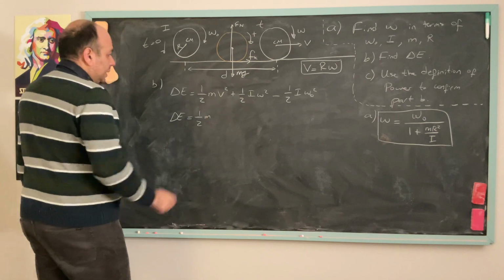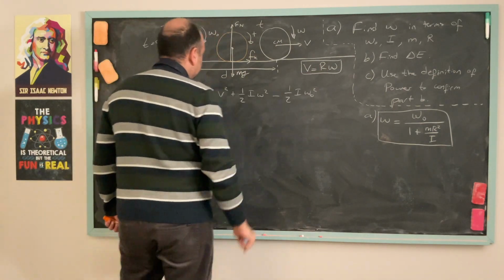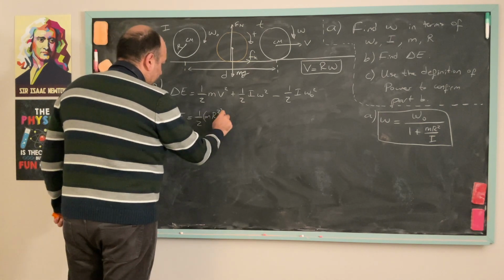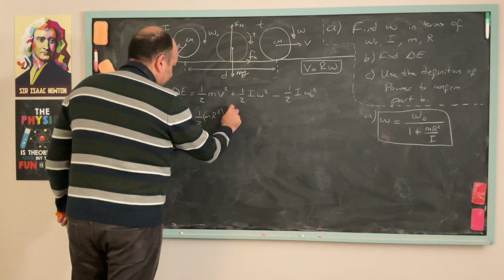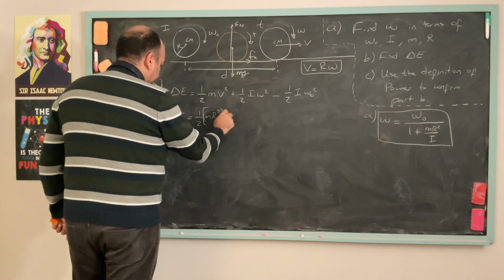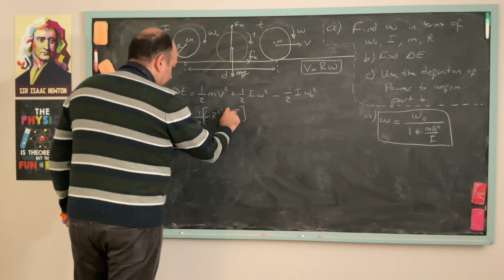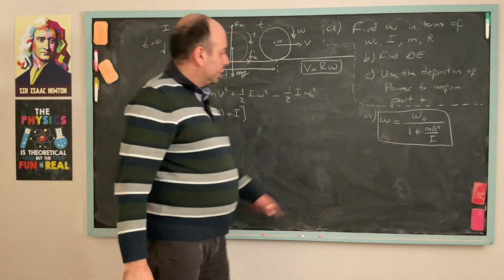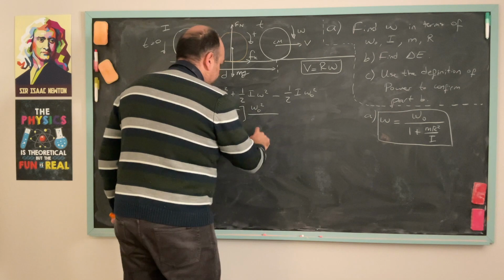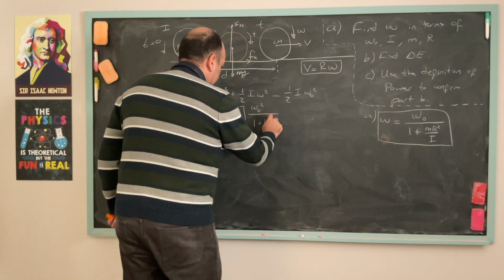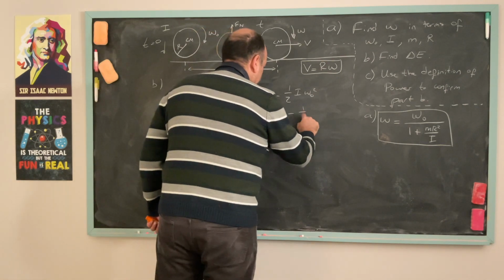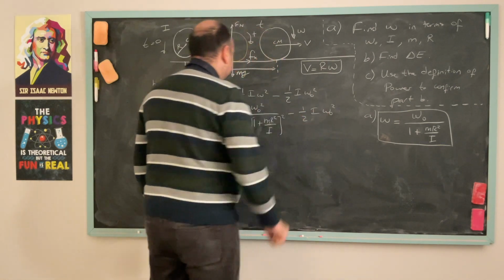So 1/2 m. By the way, v is going to be equal to r times omega as before. So this is going to be mR square omega square, plus 1/2 I omega square. I can just use the common parentheses here. So instead of omega square, I can write omega naught square over 1 plus mR square over I, squared, minus 1/2 I omega naught square.